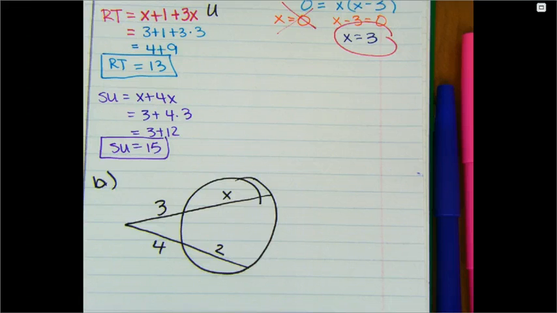We have some letters in the diagram. If you want, you can put letters: A, B, C, D.